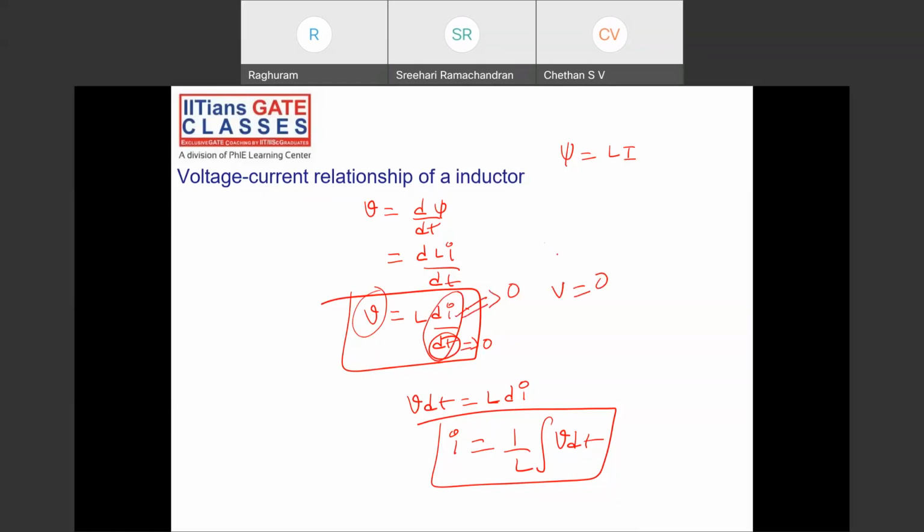That is a short circuit condition. This happens when di by dt is zero, so for DC currents the inductor acts as a short circuit. For DC, a capacitor acts as an open circuit, and an inductor acts as a short circuit.